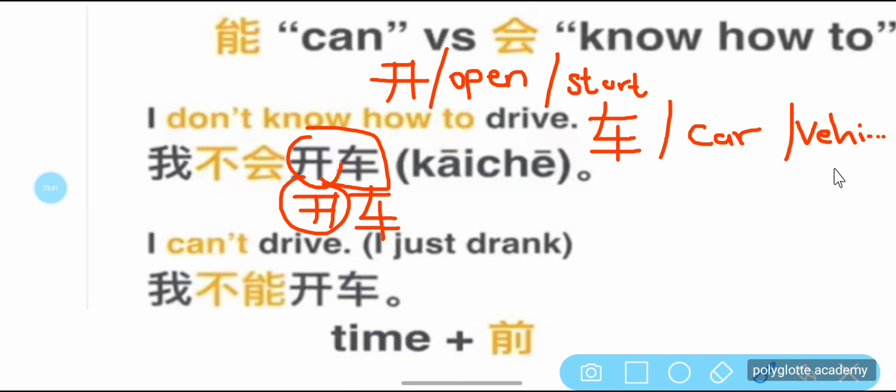So to start a car is to drive. So start a car, it means to drive. So Kai che means to drive.